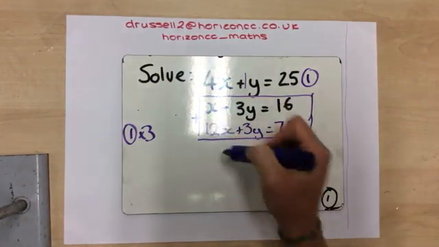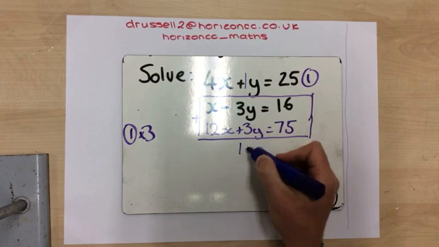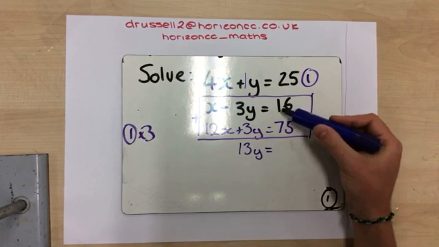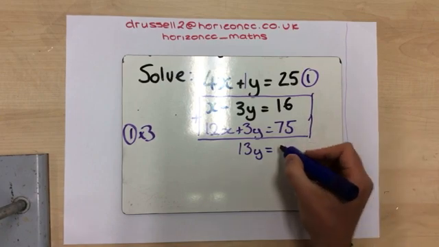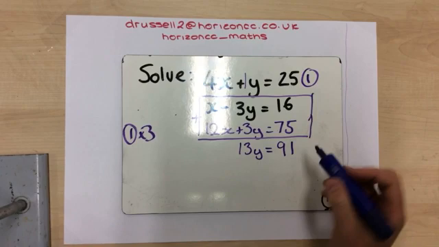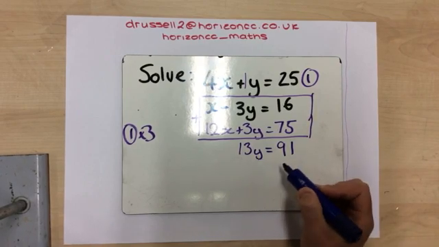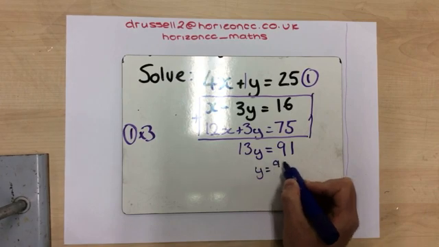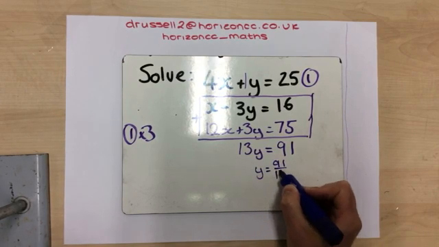So I'll have x plus 12x, leaving me with 13x. Wow, I'm going to get a tricky number here. And 16 plus 75 leaves me at 91. So once I've got a single letter on its own, then x will be that 91 divided by 13.